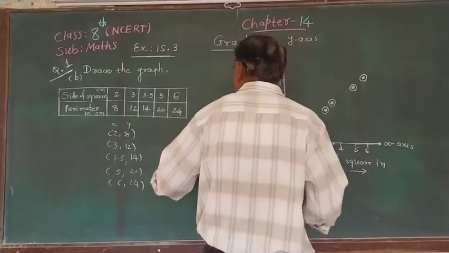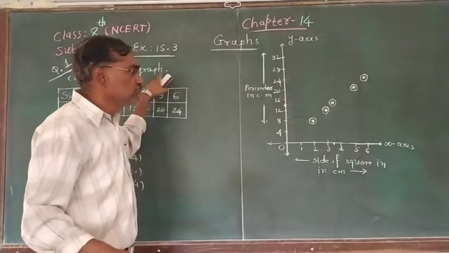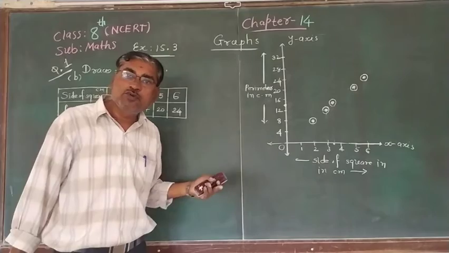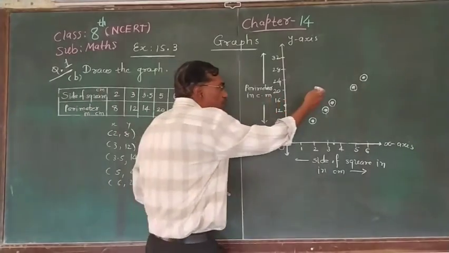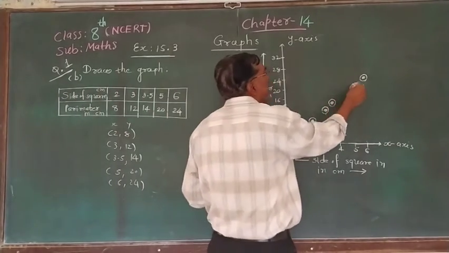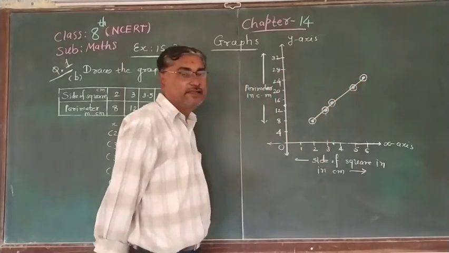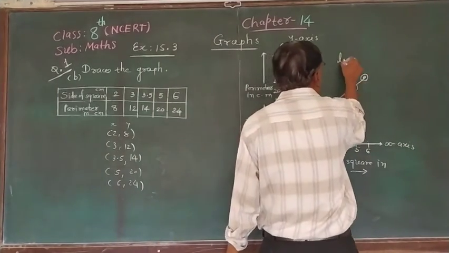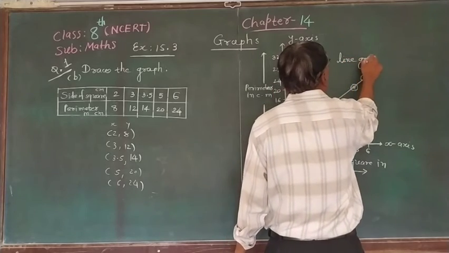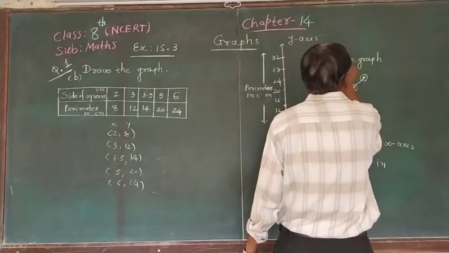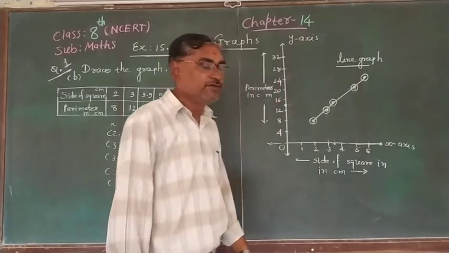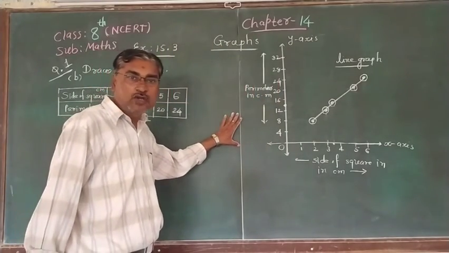Okay, so now to draw the graph, we have to join all the points with a line. That is a line graph. In this way, this is a line graph. Okay, so draw this graph in your notebook.